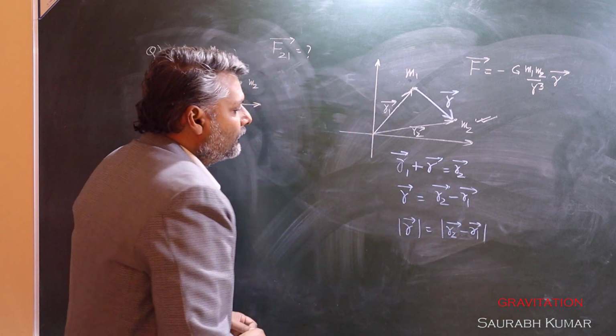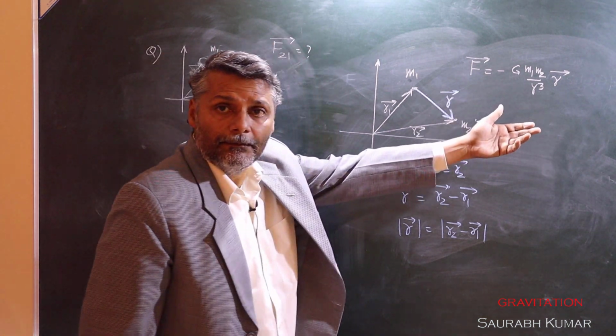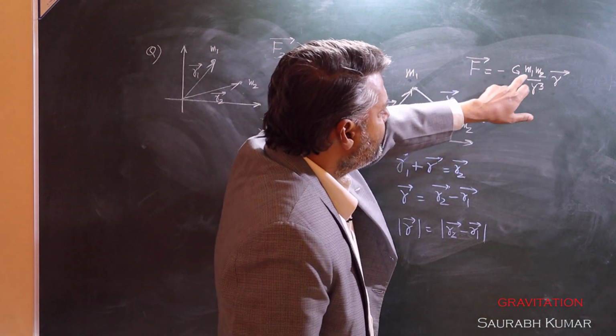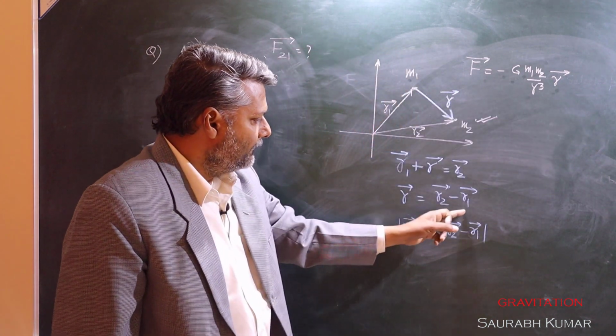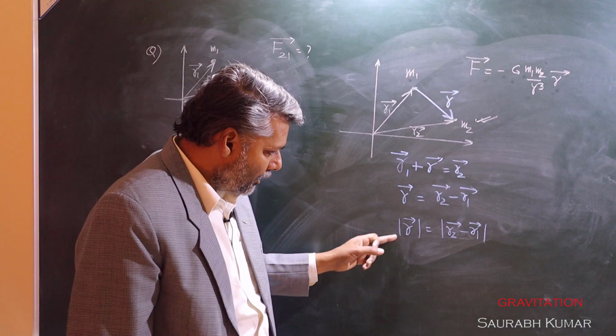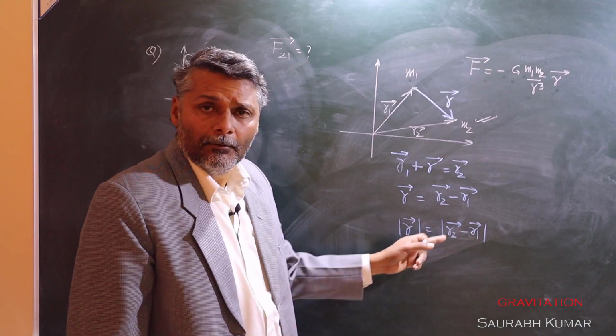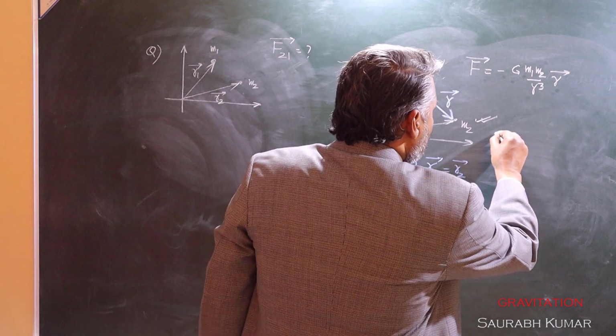So what is your answer? You can say F is minus G m1 m2 by r cube into r vector, where r vector is this much and mod of r, or magnitude of r, is mod of r2 minus r1. But let me write it.